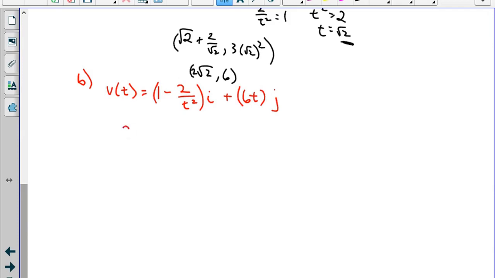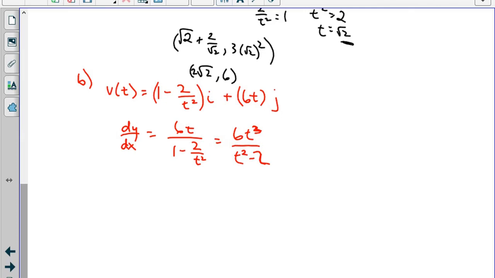So if I'm looking at dy dx, I have 6t over 1 minus 2 over t squared. If I want, I can multiply the numerator and denominator by t squared. So I get 6t cubed over t squared minus 2. If I want to write it in a little bit simpler form, it's not necessary, but you could.